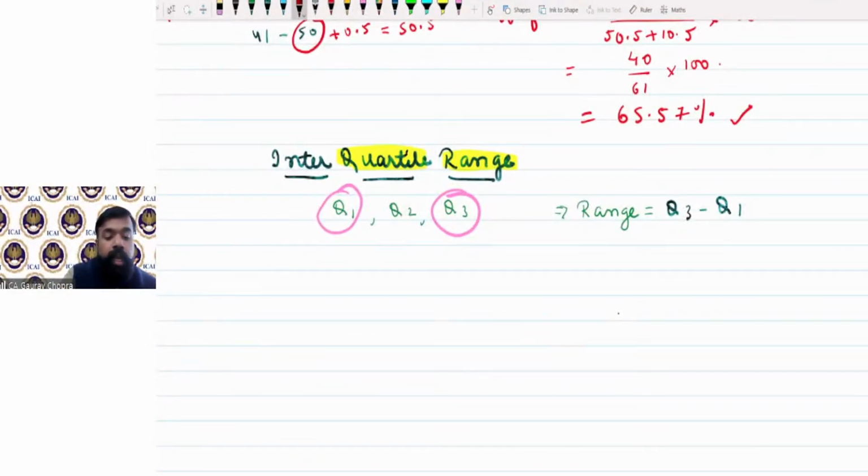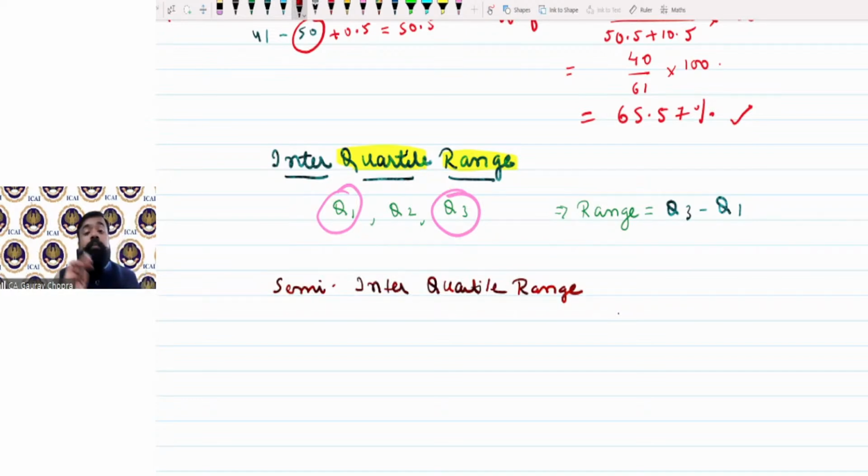If somebody asks, what is semi-interquartile range? Semi means half. So it will be Q3 minus Q1 upon 2.